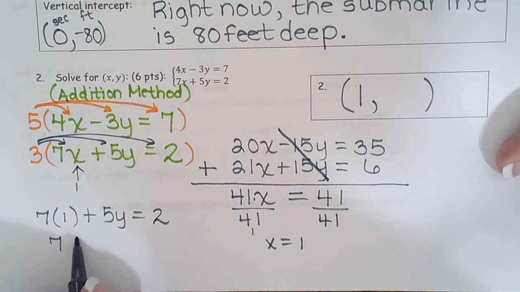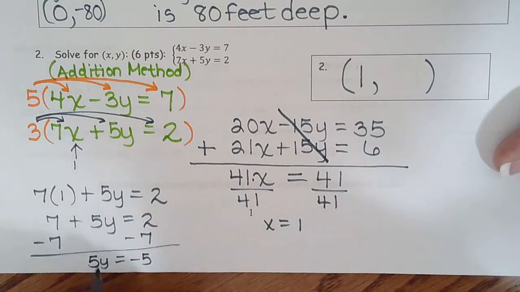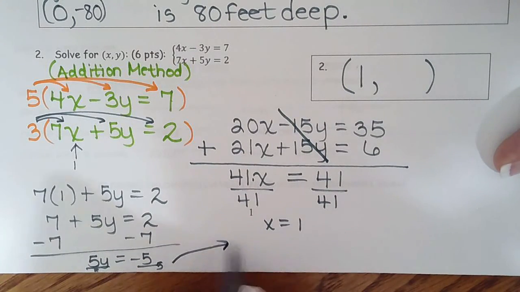So 7 plus 5y equals 2. Subtract 7, because remember, we're solving for y. So we get 5y equals negative 5. Divide by 5. And we get y equals negative 1.